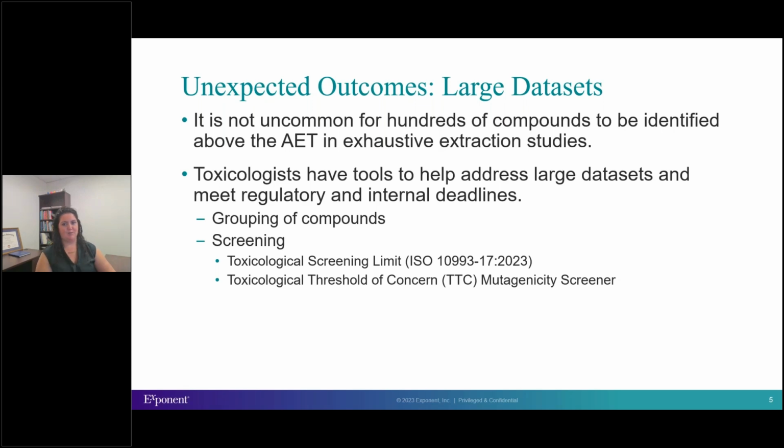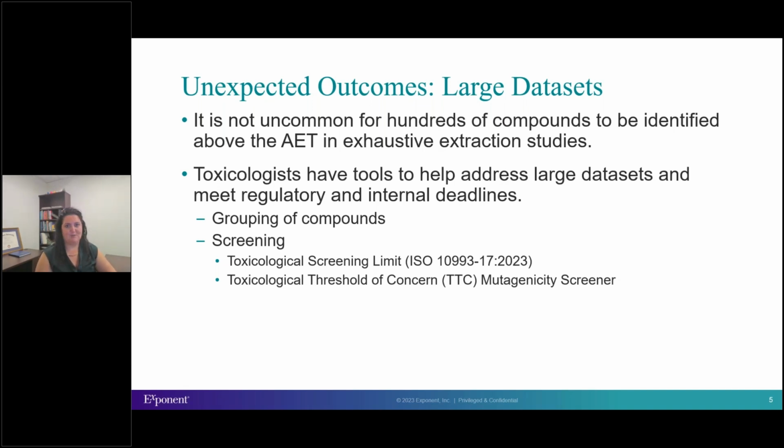So we know to expect more constituents that need to be addressed from PEEK devices, lower hundreds, versus those from a titanium device where there might be just a handful of manufacturing residuals. But sometimes we get unexpectedly large data sets where we have to deal with hundreds more compounds than we originally expected, and these still need to be addressed within those hard regulatory deadlines. So we have a couple tools in our toolbox in order to get this accomplished and meet the deadline.